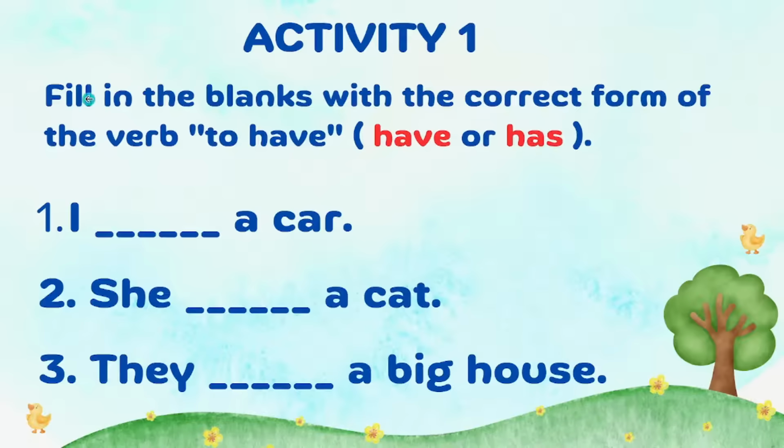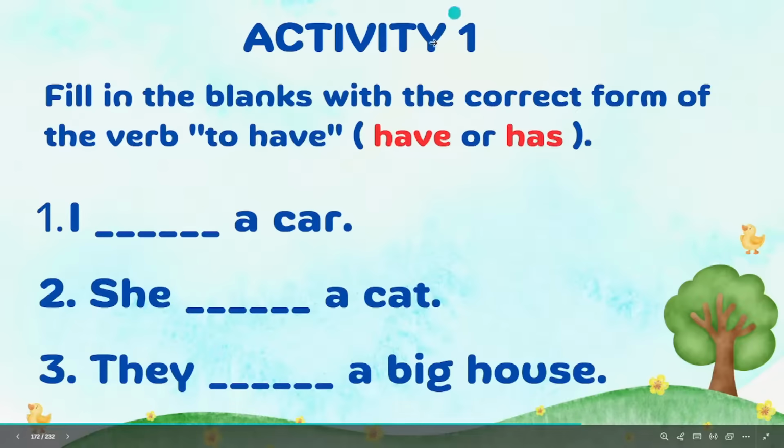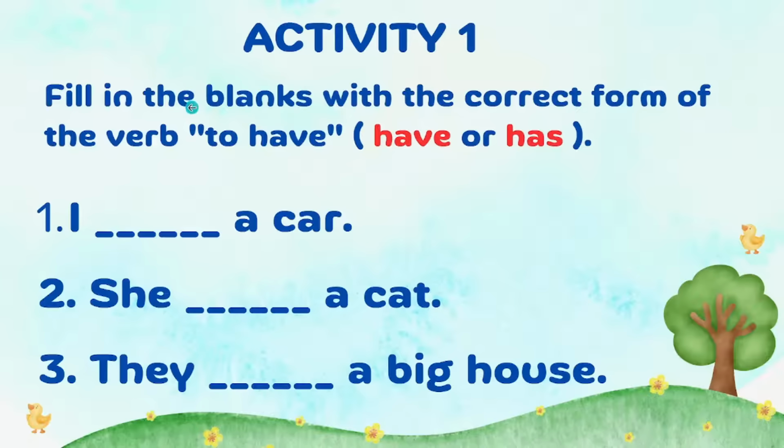So, activity number 1. Don't worry guys, I will still guide you for this one. Fill in the blanks with the correct form of the verb to have. Remember, have or has, to use for the irregular verb to have.